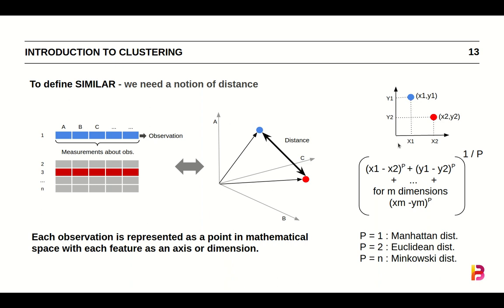The square of those gives the square of hypotenuse. So if we just want the distance between this, we take the square root of the entire equation. But let's say we remove the 2 and just measure it by p, and instead of square root, which can also be written as 1 by 2, we write 1 by p.